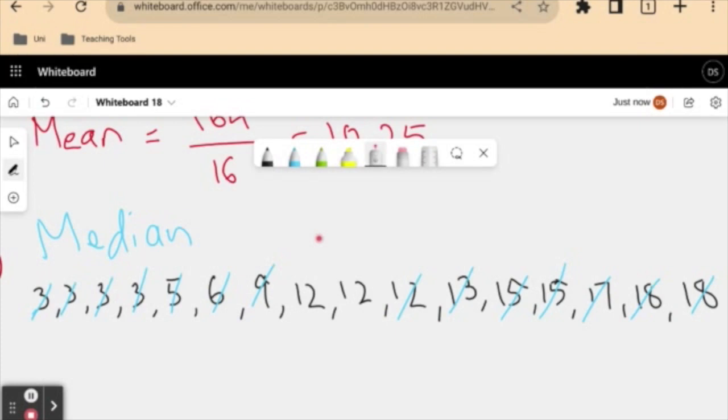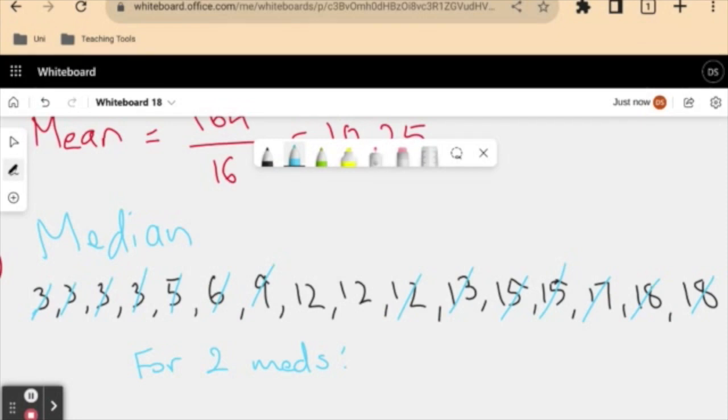But in this case, I've included an even one. So we get 2 medians. Now, this isn't too bad because these two numbers are the same, but often when we have 2 medians, we want to find the middle of these two.